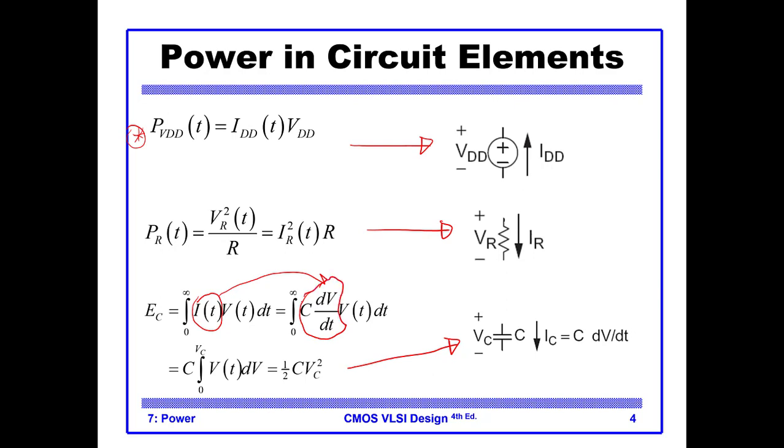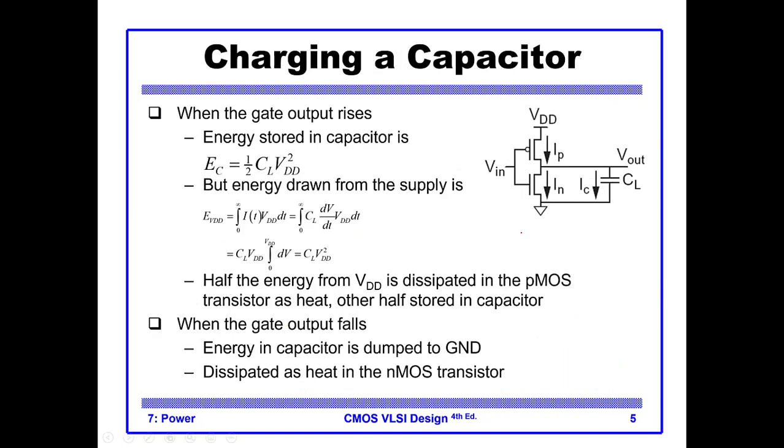So current IC is always C dV/dt. So you can replace it here and apply the integral and you get half V squared. So energy stored in a capacitor is half C V squared.